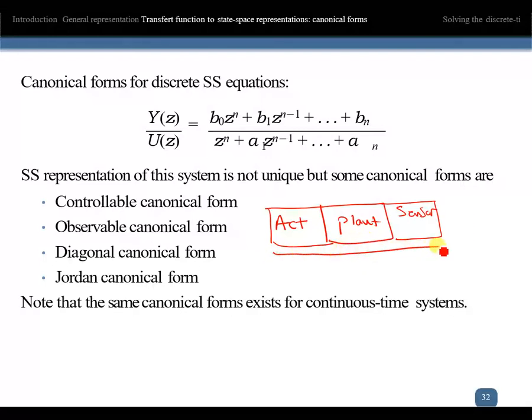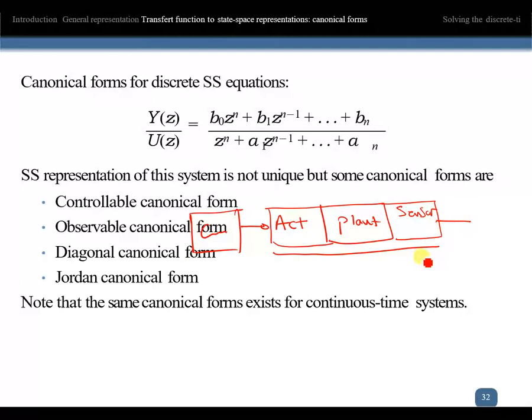This is the total plant. But the actuator needs the input control force and energy, because here is a controller. The controller gives the force to the actuator, and the actuator works on the plant. The sensor measures the state and the output of the system.